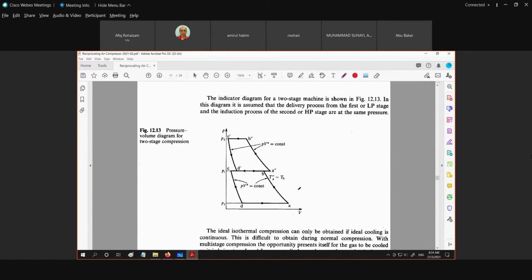Therefore, kita akan dapat mass of air going into the cylinder. Right? So ini ialah kita punya high stage, high pressure compressor. This is our low pressure compressor. So be careful. All the condition right here, kita akan dapati dekat tengah-tengah ni.